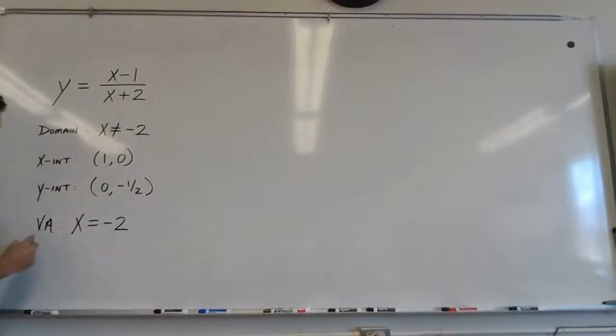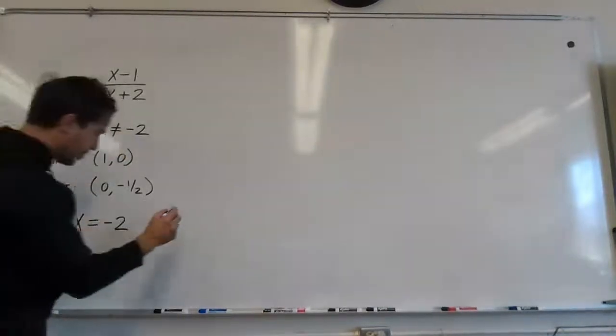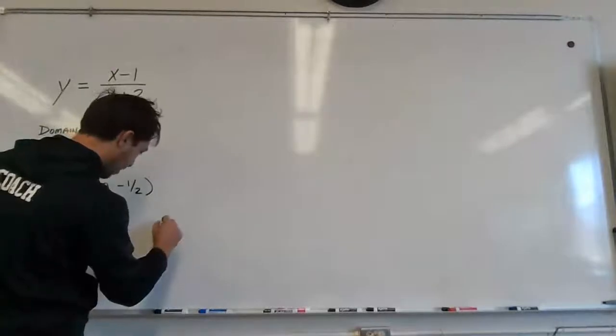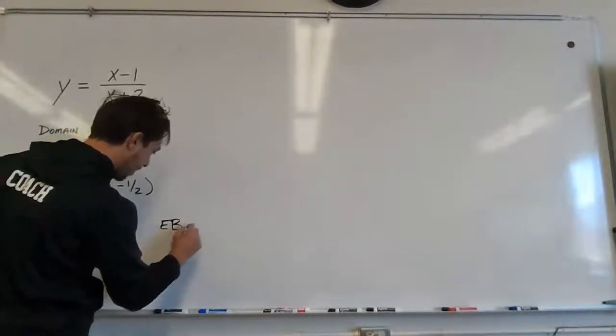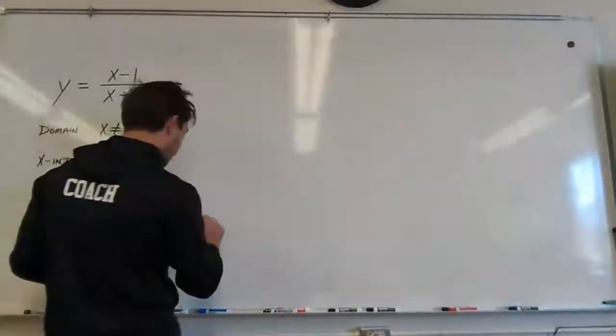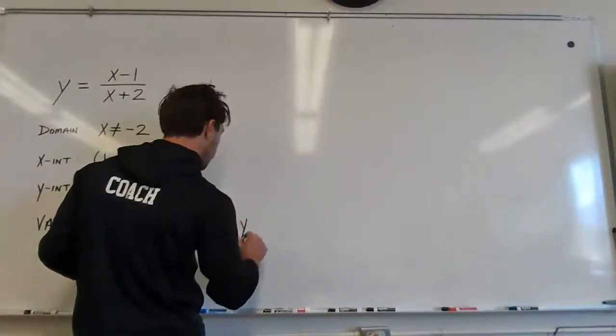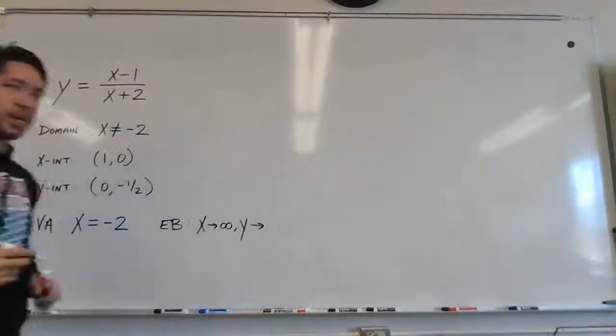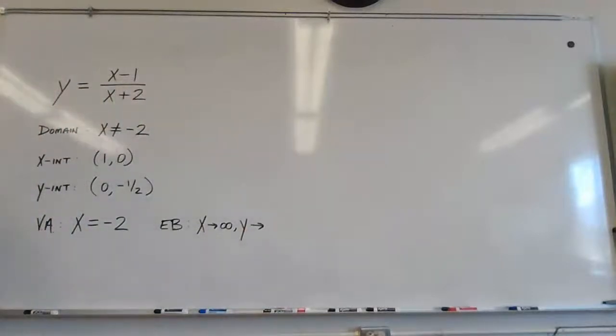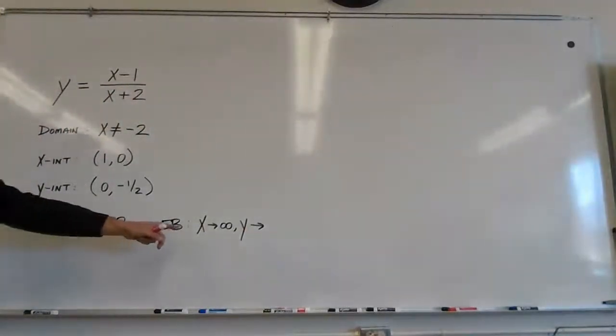Okay. So let's look at end behavior, and then we'll come back to horizontal asymptote. So end behavior. What do we think? Don't shout it out if you know it. I want to give everybody a chance to think about this one.